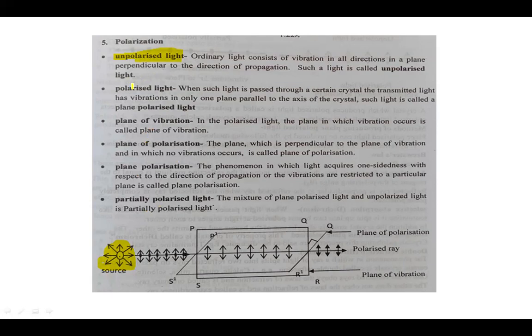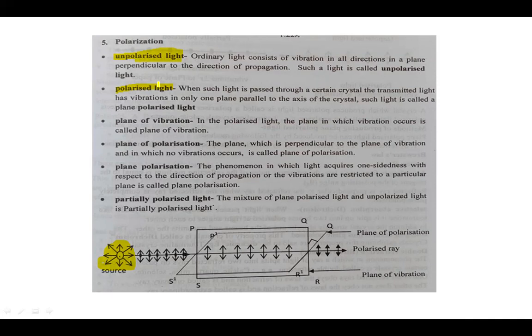Polarized light means when such light is passed through a certain crystal. Here we take an example of tourmaline. You are going to place that crystal, so that unpolarized light passes through that crystal and you'll be getting the polarized light.